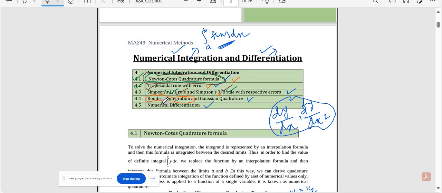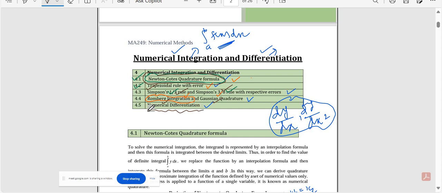Now in today's lecture we started with the Romberg integration, and the last formula to find the integration is the Gaussian quadrature, which is a direct formula. In 4.5 we will use our previous formulas, known as Newton's forward and Newton's backward.